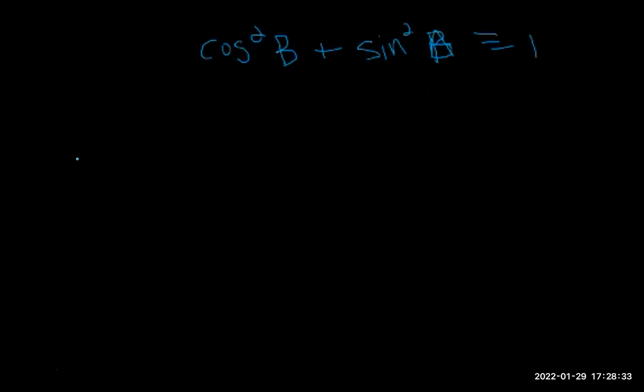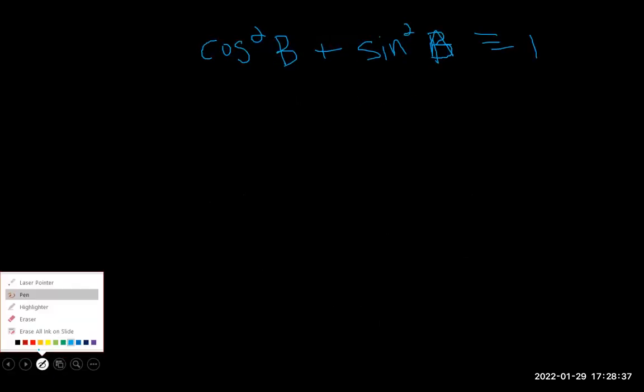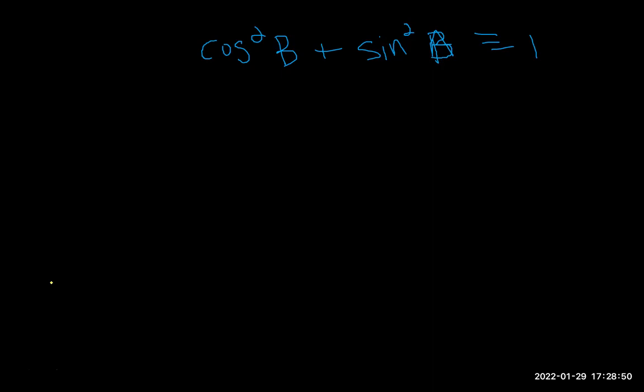Before our angle was A, in this case, our angle is B. Cosine squared B is the same as saying cos of B squared. Sine squared B is the same as saying sine B squared. We already know the value of cosine B. They told me it's minus 5 on 13.